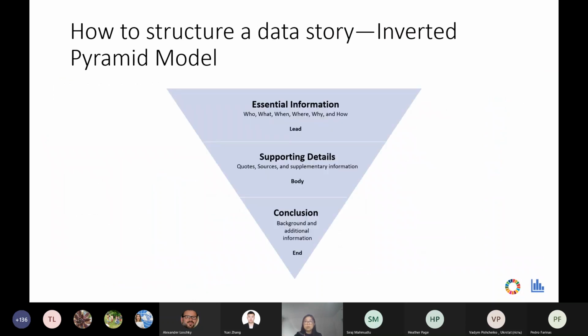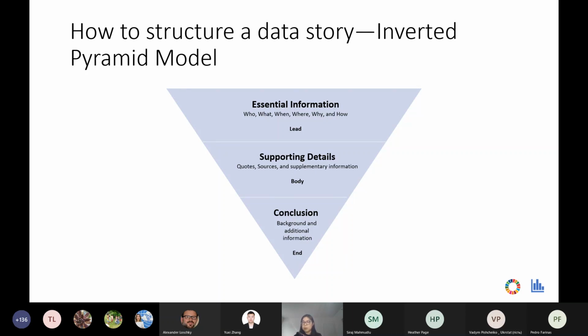And then we come to the structure, how we're going to structure a data story. I'm going to introduce 2 models. The first one is very commonly used by media and talked about a lot in the data storytelling world. This is the inverted pyramid model. Basically, you need to put all your essential information up front.